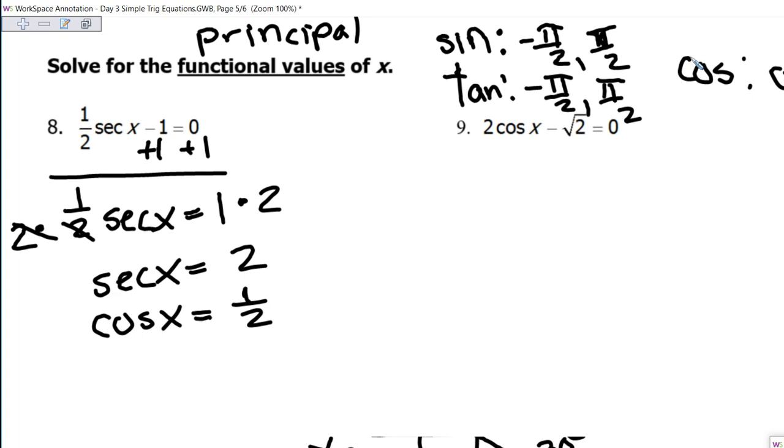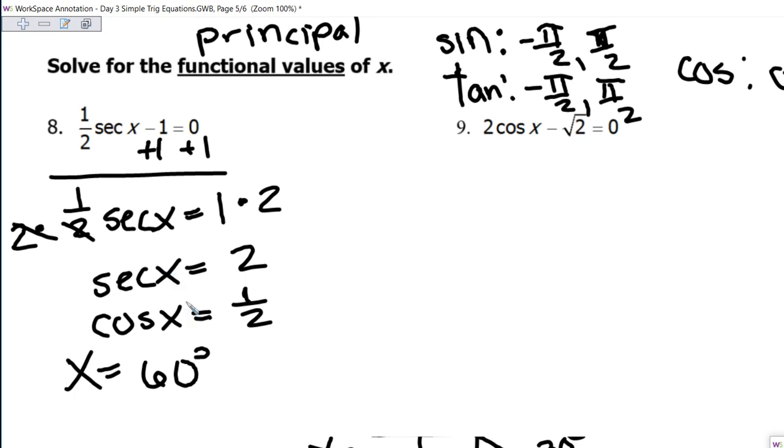Okay, so now back to where we left off. We need to find the angle whose cosine is 1/2. Well, what's the reference angle? 60 degrees. Now I need all of the multiples of 60 degrees that would fall between 0 and pi. Well, definitely 60 degrees is between 0 and pi. You agree? What else? 120.